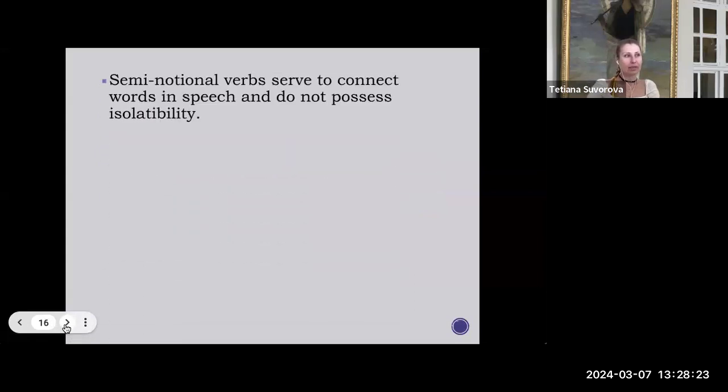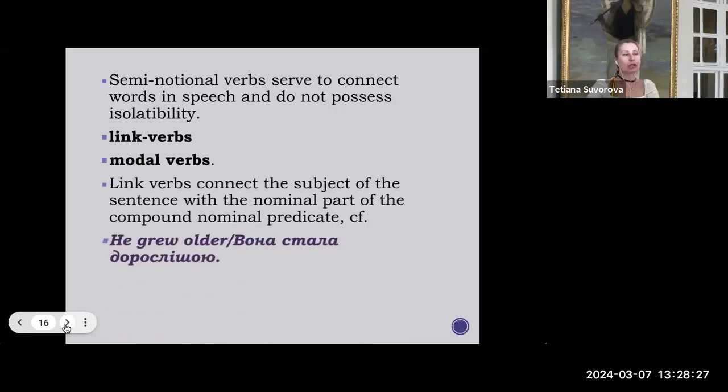Then we move. Here it is. What we should refer to the semi-notional. So it's not only modal verbs, but also link verbs. Link verbs are called so because they always go together with some other part of speech to serve as the function of the predicate of the sentence.